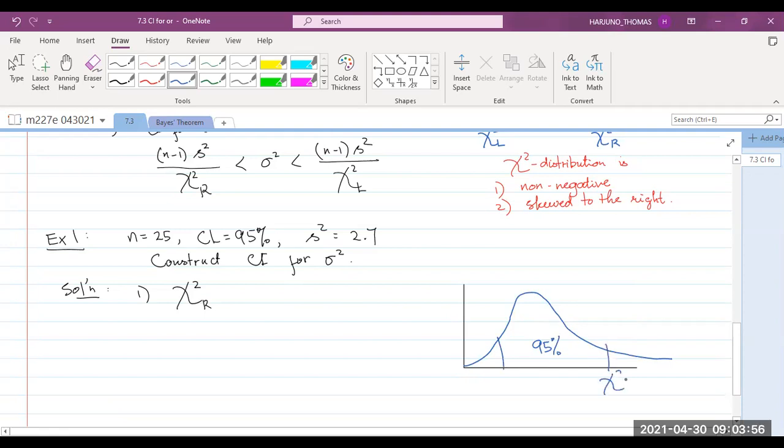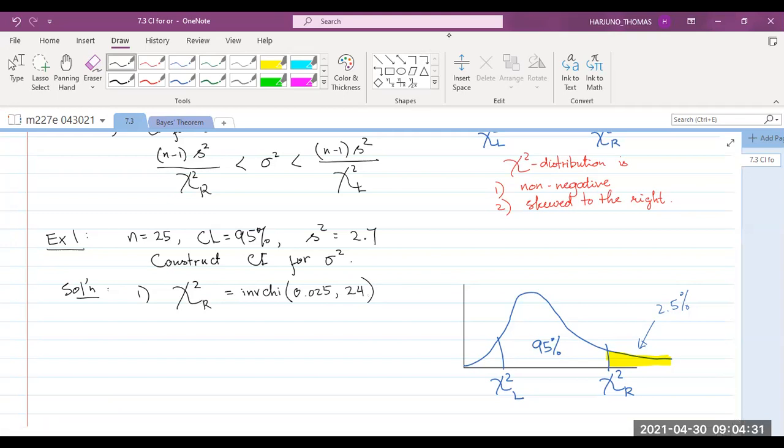This is chi-squared right, and this is chi-squared left. The remaining 5% is being shared by two tails. So the area of this tail here will be 2.5%. Now then chi-squared right will be inverse chi. The first number is area to the right. Degree of freedom is 24, 1 less than the sample size.